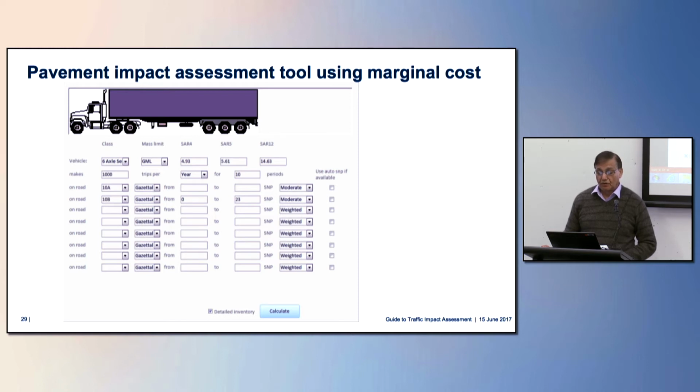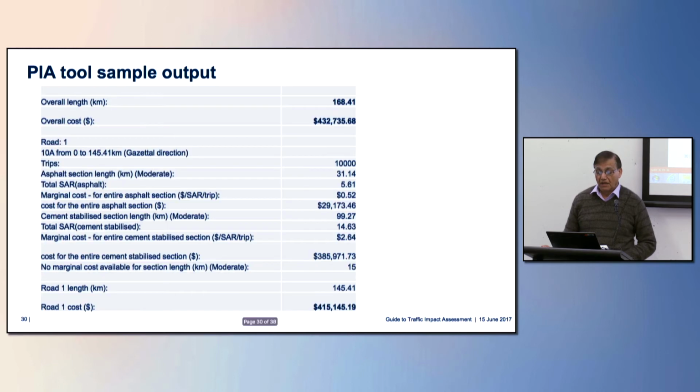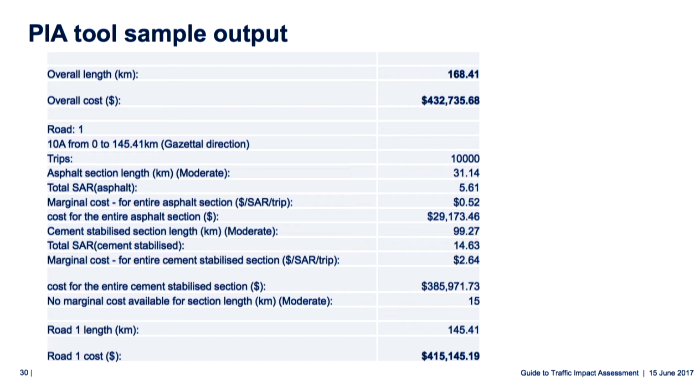Let's say there is an overall length of the road, 168 kilometer, broken into road 1 and road 2. In road 1, there is some asphalt section and some cement stabilized.